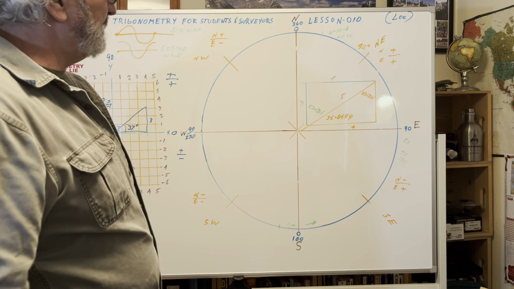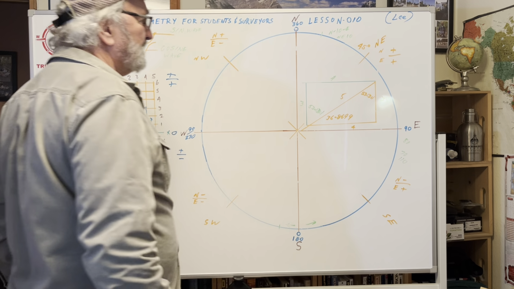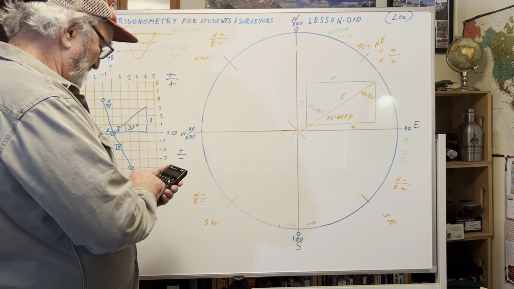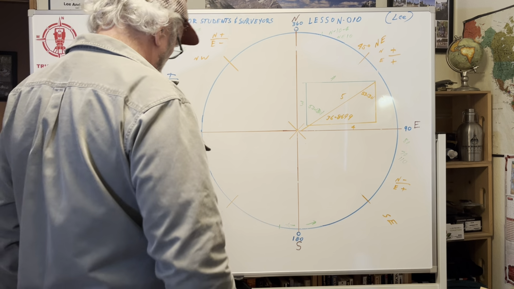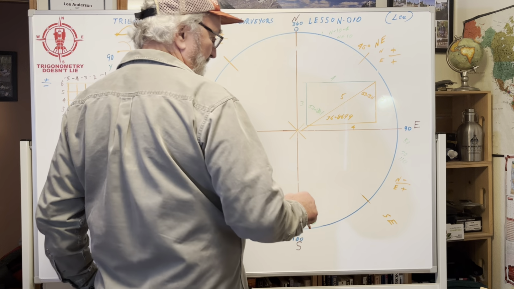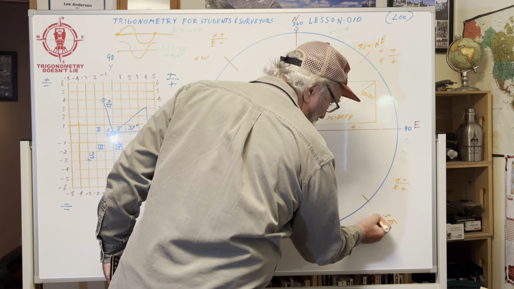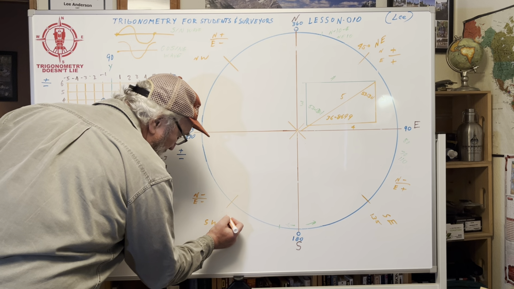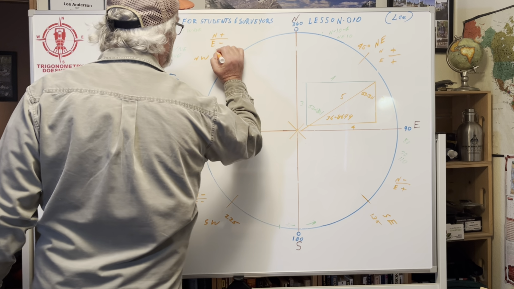What I want to do now, we're in the northeast quadrant, so let's go with 45. We're just going to do these even quadrants, just for the fun of it. 45, then 135, this is going to be 225, and this one's 315.